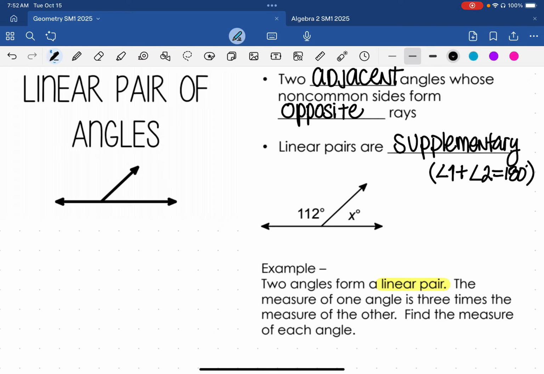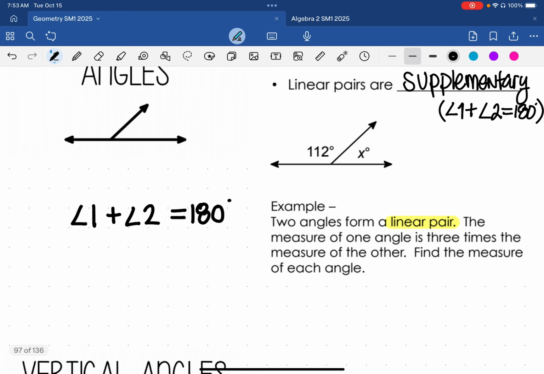So once again, I don't know what they are, but I'm going to call them angle 1 and angle 2. And I know that they add to 180 degrees because they are a linear pair, which means they are supplementary. I can call angle 1 x because I don't know what it is. And then I would say that angle 2 is 3 times it, which means I would call it 3x.